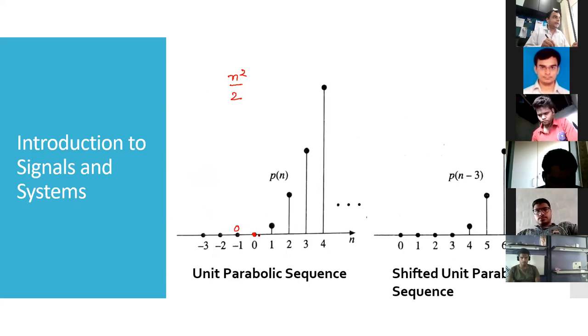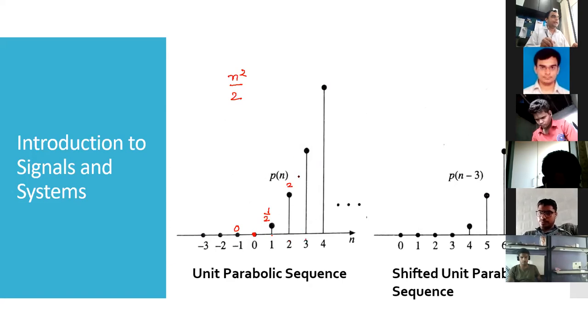And for n greater than 0, it is n square by 2. For 1, it is 1 by 2, so this is 0.5. For 2, it is 2 square by 2. That means it is 4 by 2, so I get 2 here.